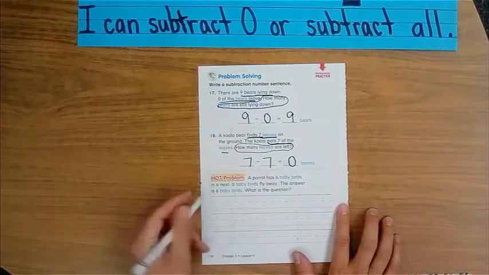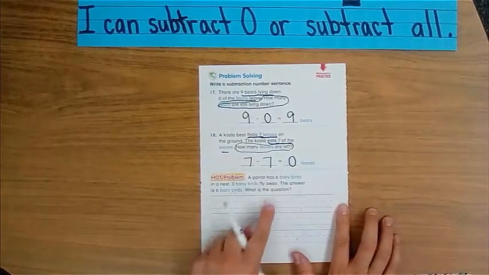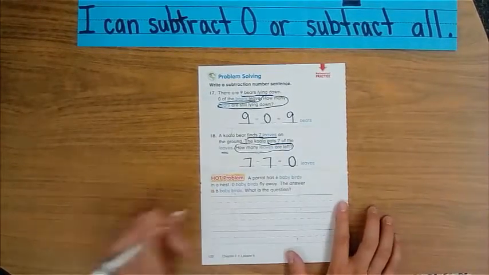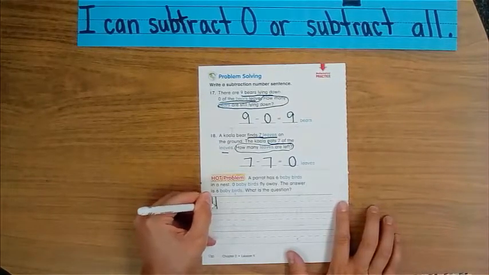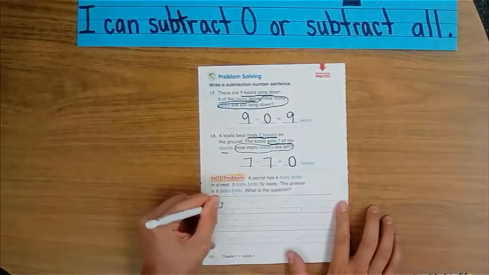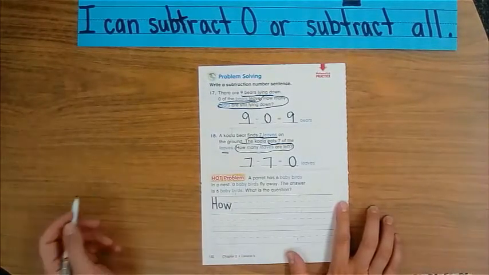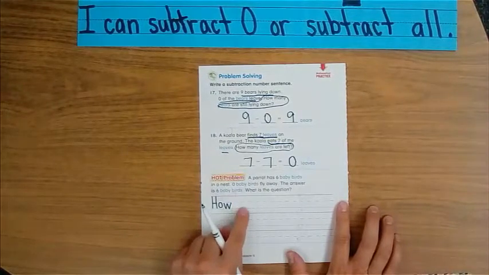So let's write that. We're going to start right here, and we start from left to right. We write from left to right, top to bottom. And we always start our sentences with an uppercase. So I'm going to write the word how. And then I'm trying to stay within these lines.